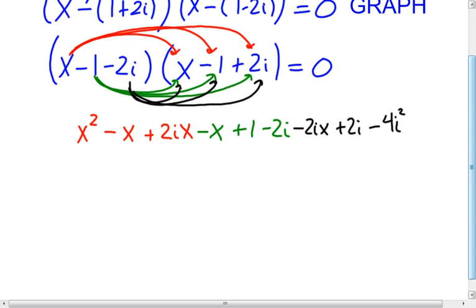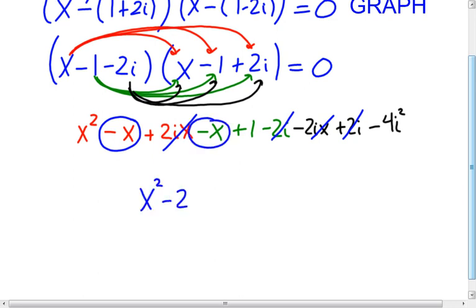Okay, so the beauty of this is that these two will cancel each other out, and these two will cancel each other out. And now what I have is I can combine some things, and I have negative x here and negative x here. So I have x squared minus 2x plus 1 minus 4i squared.